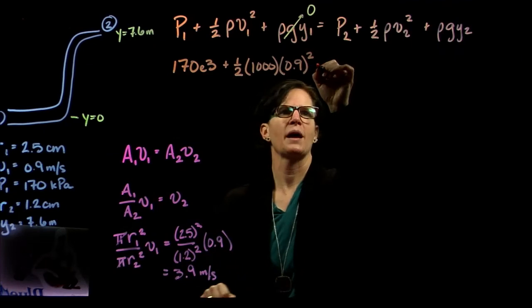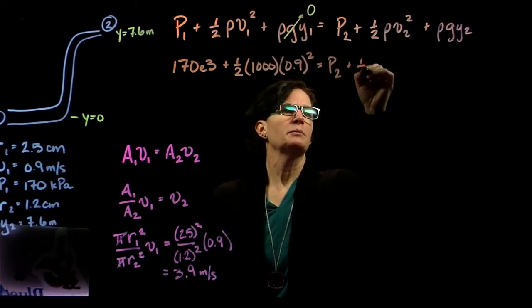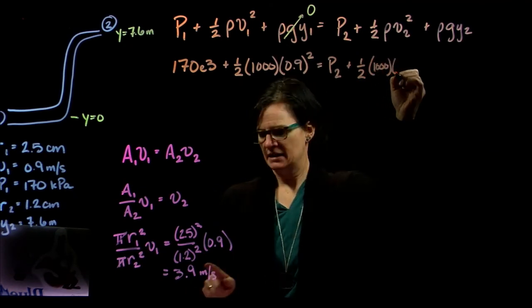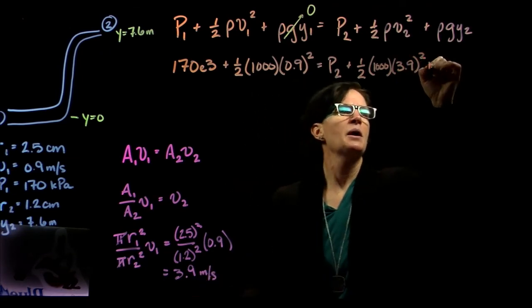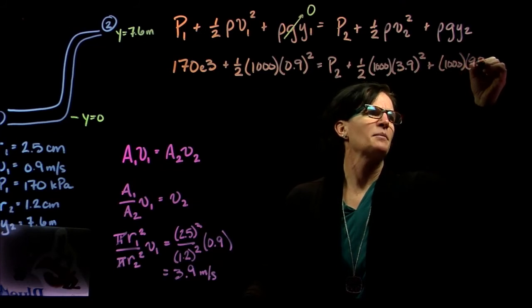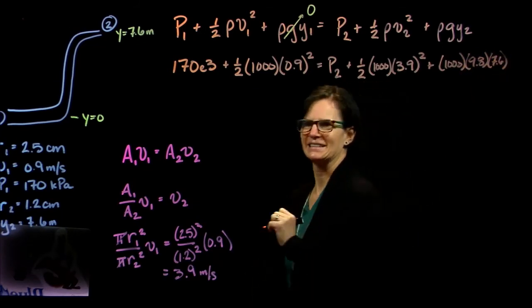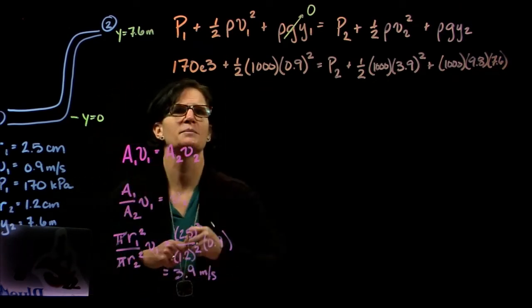That height term has gone away, plus our pressure at 2, which is what we're interested in, plus 1/2 times 1,000 times our speed of 3.9 squared, plus 1,000 times 9.8 times 7.6.